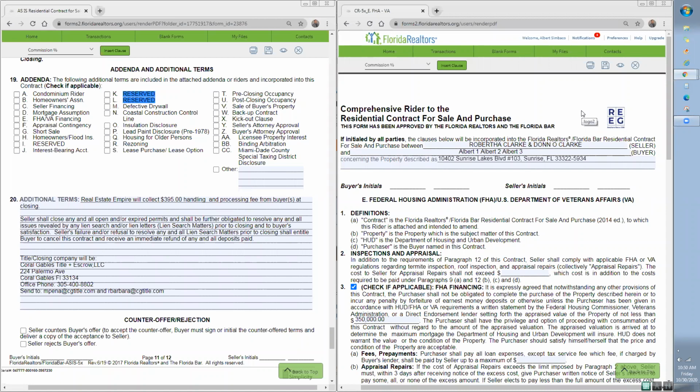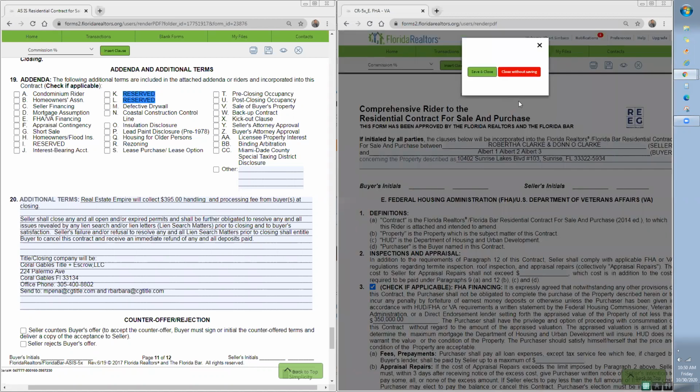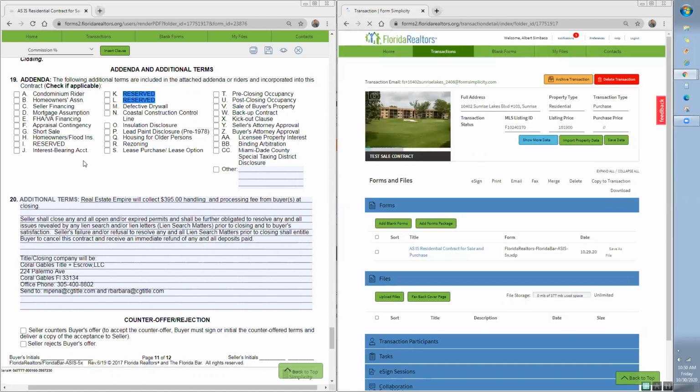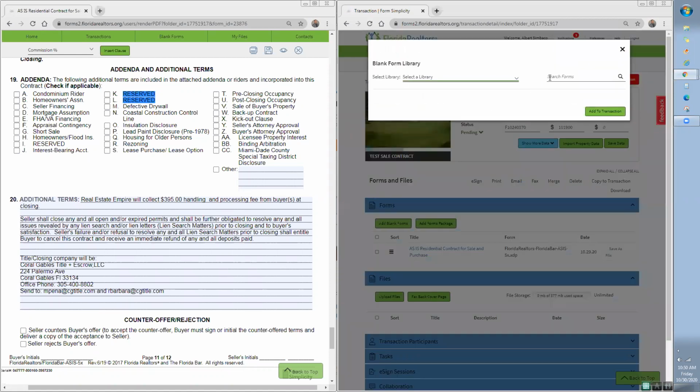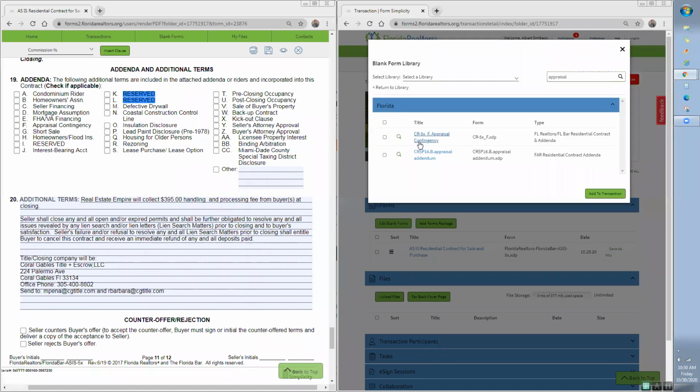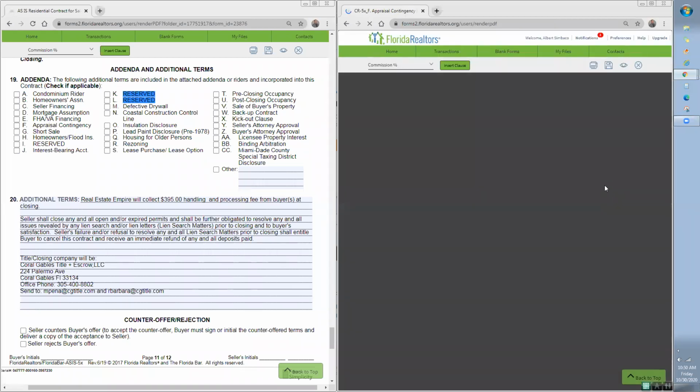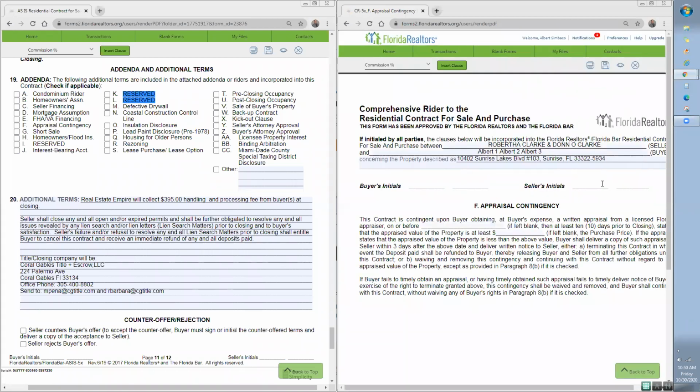Anything else? Okay, awesome. All right, moving on to the appraisal contingency. I just spoke about appraisal contingency. This one, though, is specifically for conventional loans, okay?